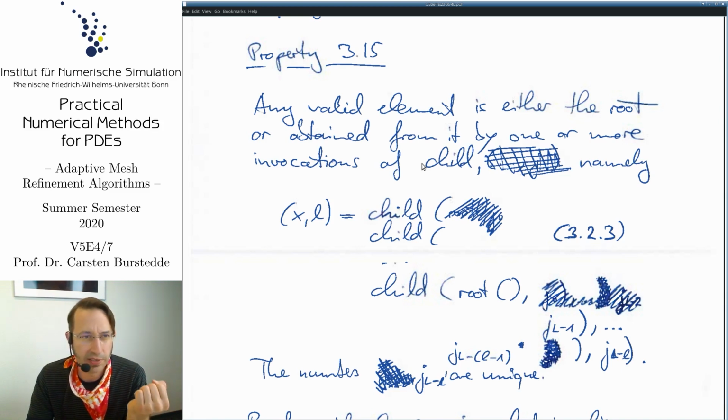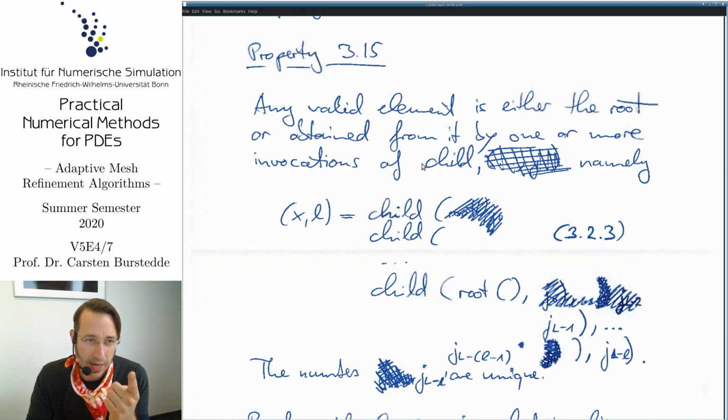And the answer is yes. So there is a bijection between, well, bijection is the wrong word in this context. But we can go from the root to any valid element by child calls, and we could also figure out this sequence of child calls from the valid element itself. So the formula you see here, 3.2.3, tells us exactly that.